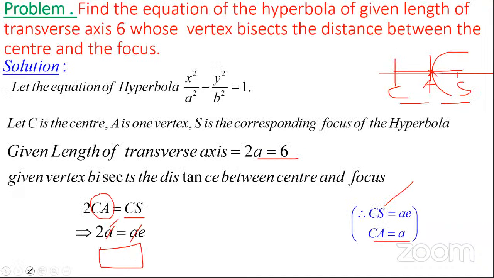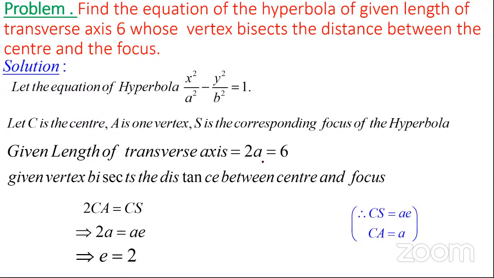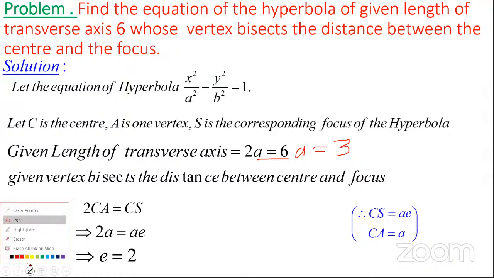Next I have the e value 2. Then I have to find the b value. From 2a equal to 6, a equal to 3. Now find b: for the hyperbola, b square equal to a square of e square minus 1.